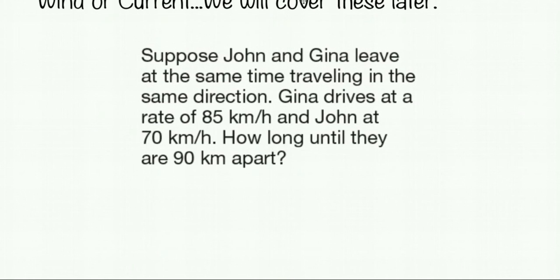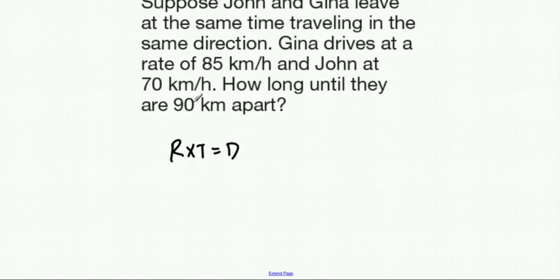That means we still use rate times time equals distance. Saying subtract the rate, we take the bigger rate and subtract the smaller rate. So our rate is 85 minus 70, multiplied by time, will be equal to the distance, in this case 90 kilometers apart.